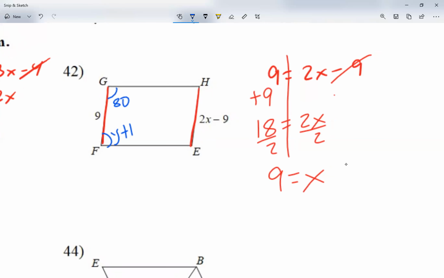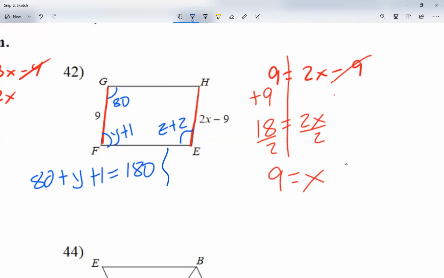So solve for y. Or I can deal with this other angle. Let's call this z plus 2. Now, if you're going to be dealing with y, I'm just going to go 80 plus y plus 1 is equal to 180.